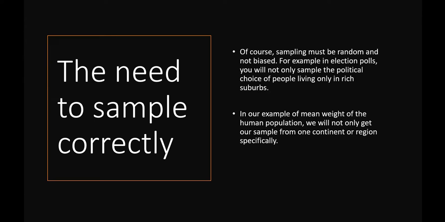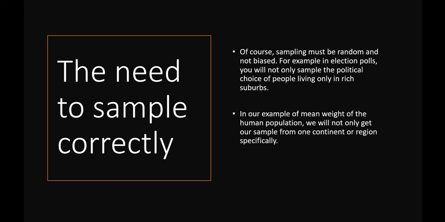In our example of mean weight of the human population, we will not only get our sample from one continent specifically. We know that in this part of the world, people are likely to be smaller. In general, they are smaller. So you will not only sample from that part of the world.